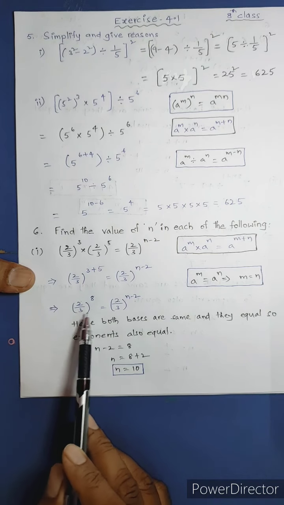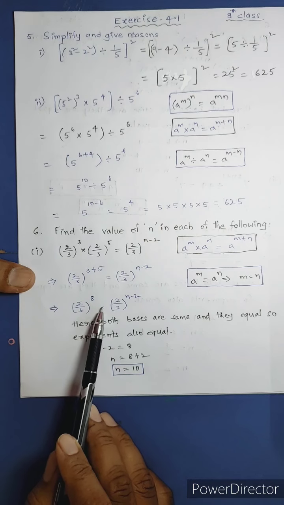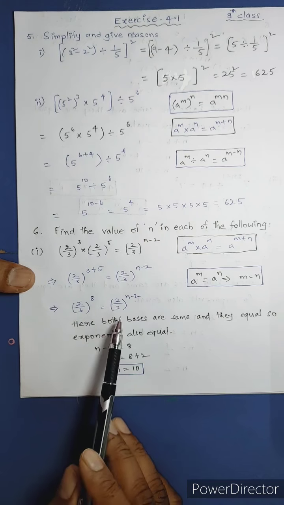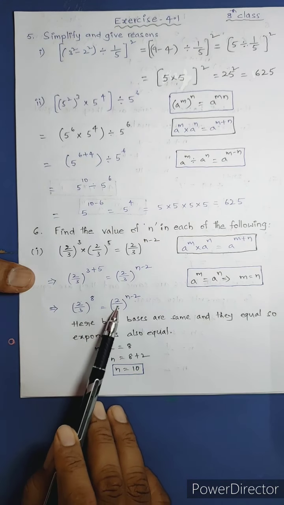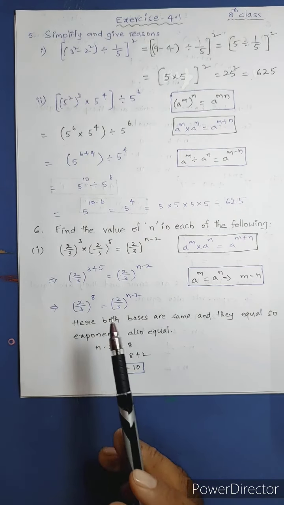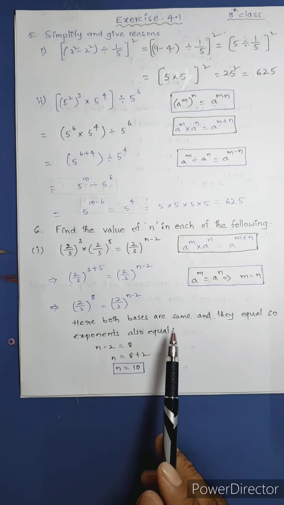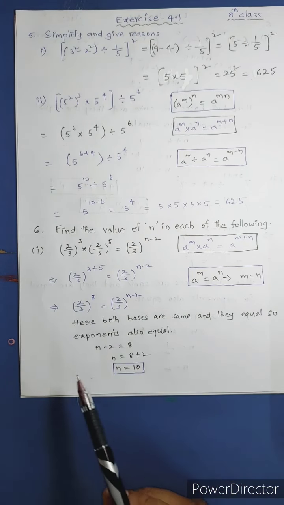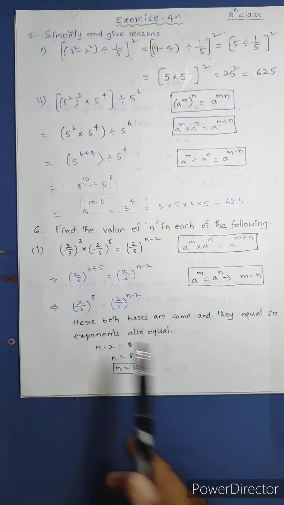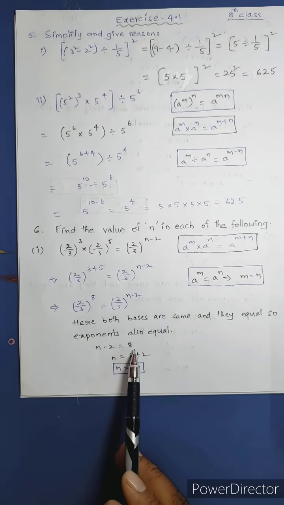Now 2 by 3 and 2 by 3. Both bases are the same and they are equal, in a numerical equation. So we can equate the exponents. Both bases are same and equal, so exponents are also equal. n minus 2 is equal to 8.